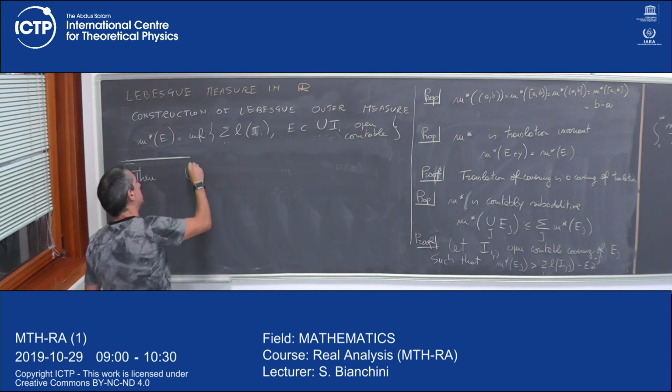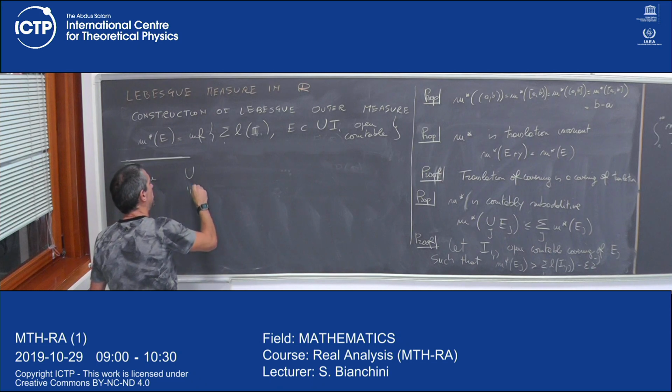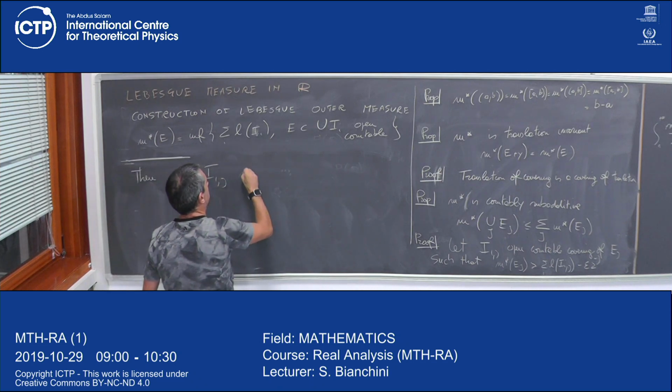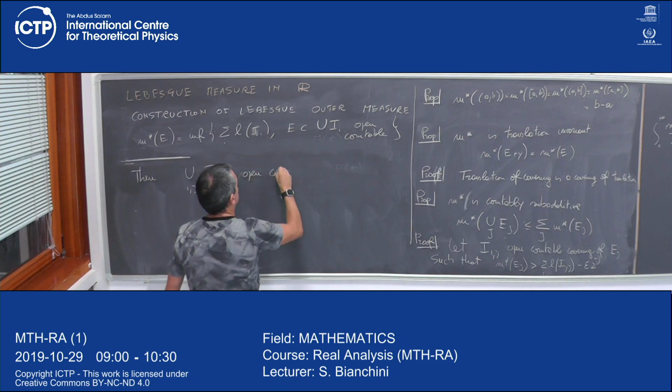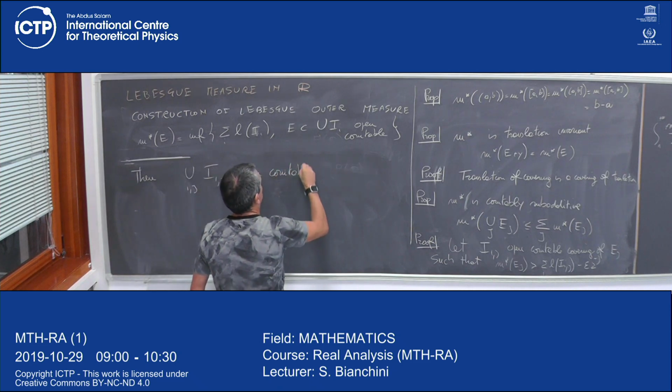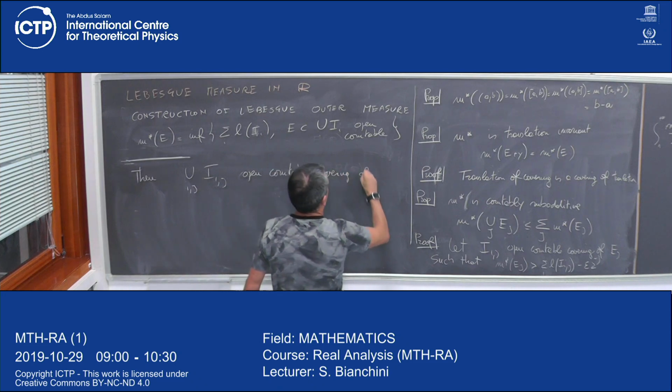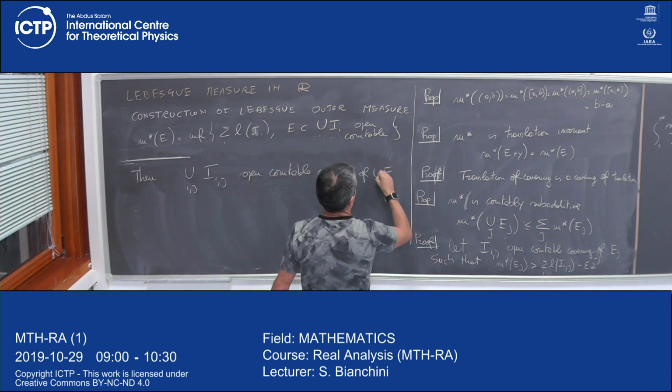Then the union over i and j of I_ij is an open countable covering of E.